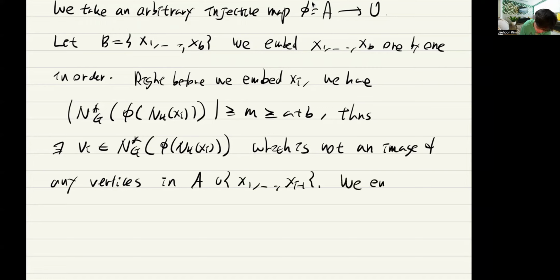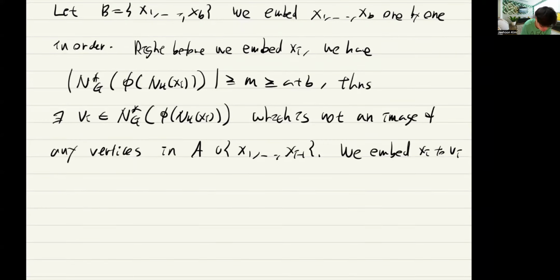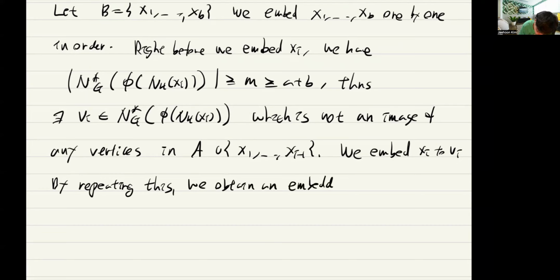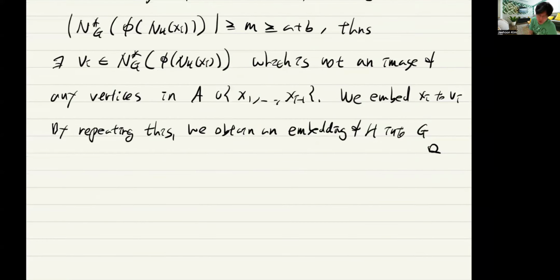And we embed xi to di, and by repeating this we will never fail until we embed the last vertex xb. So we obtain an embedding of H into G. So this proves the theorem.